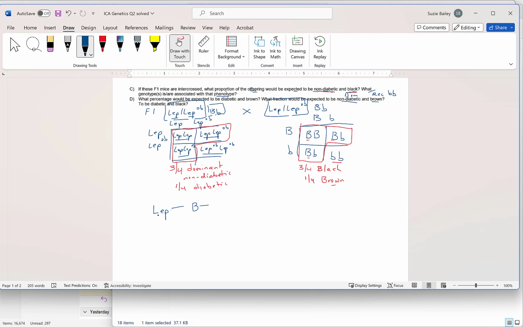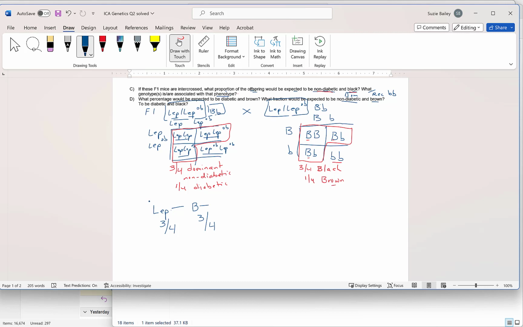And so what's the likelihood of having at least one of this wild type leptin allele? Well, that's 3 out of 4. We just went through that, right? At least one would be 3 out of 4. At least one of the dominant allele at the B gene, likewise, 3 out of 4.